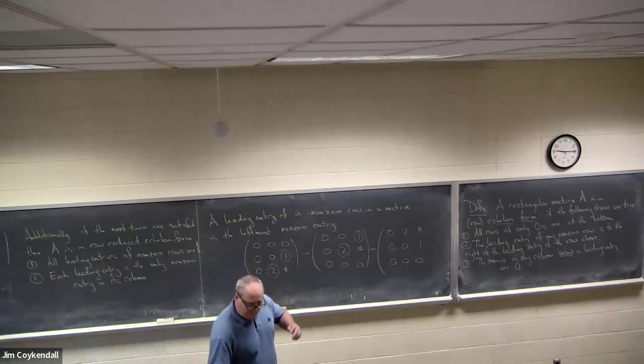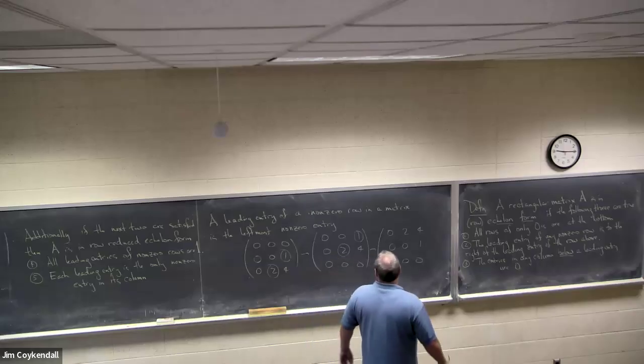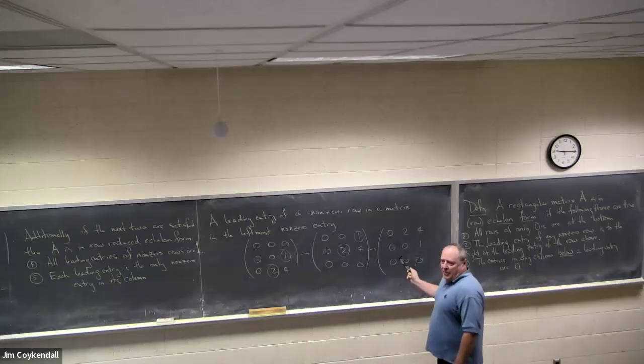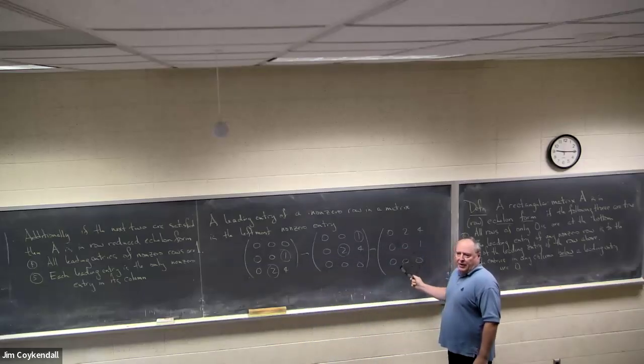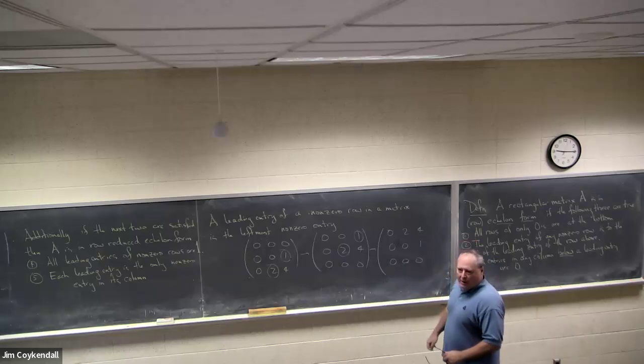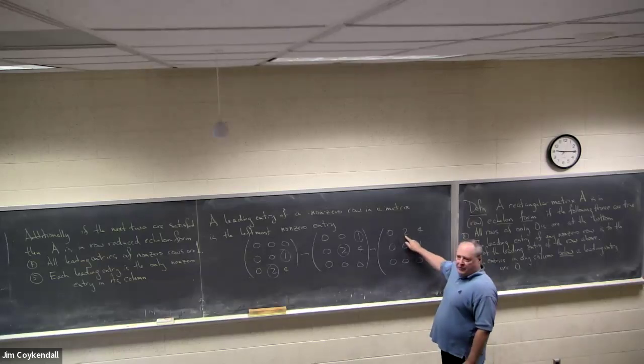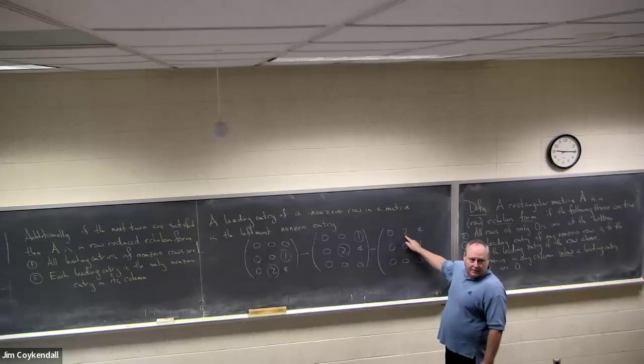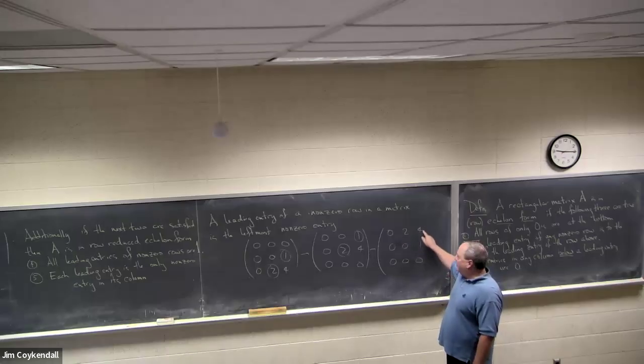Okay. This one is in echelon form, but it fails both of those last two, right? Because this leading entry isn't 1, and this leading entry doesn't have all zeros in the column except for 1.